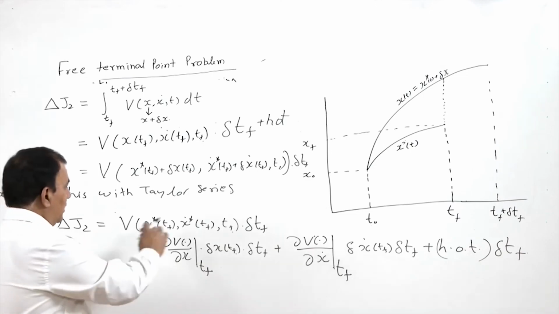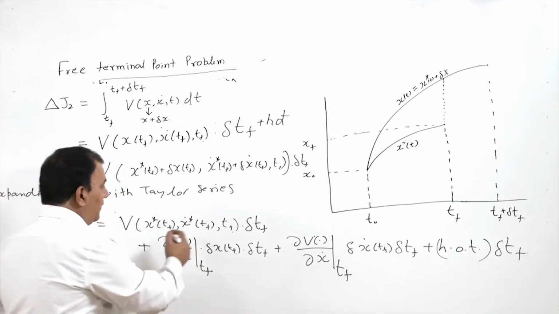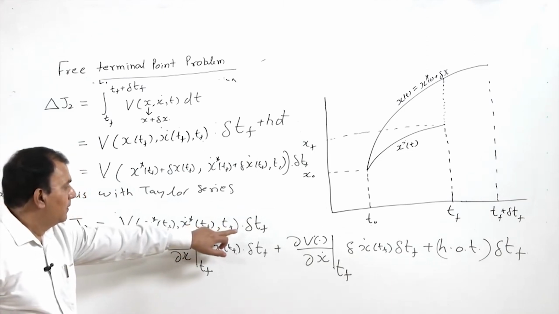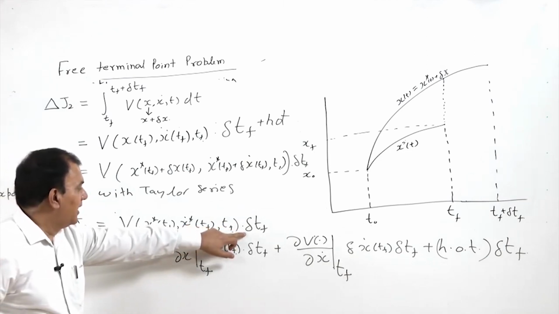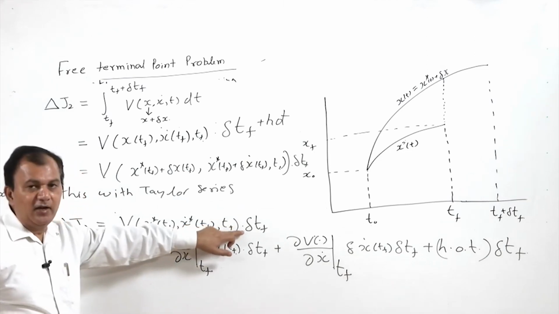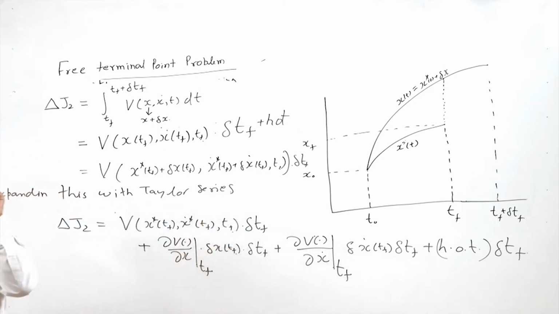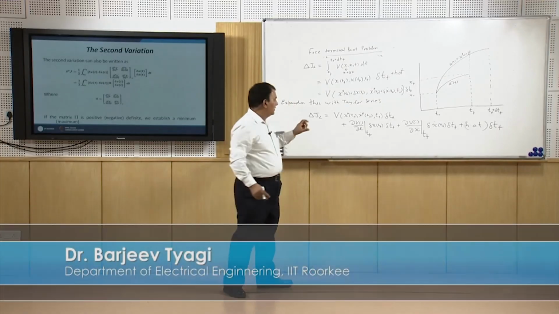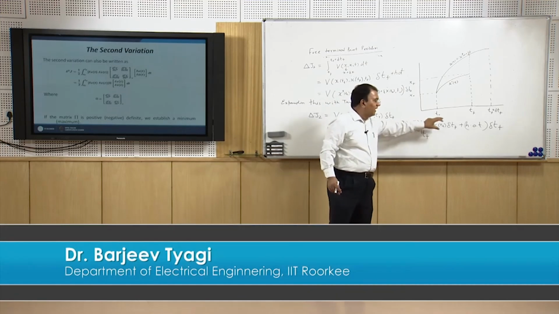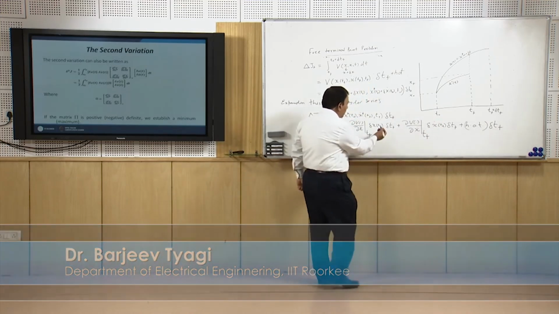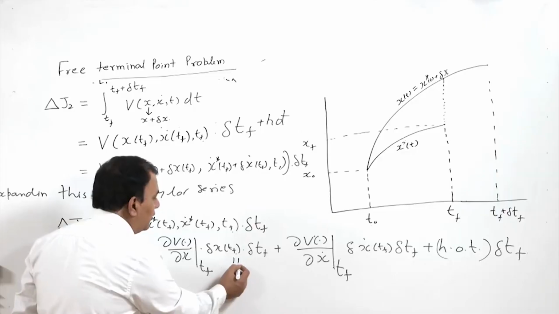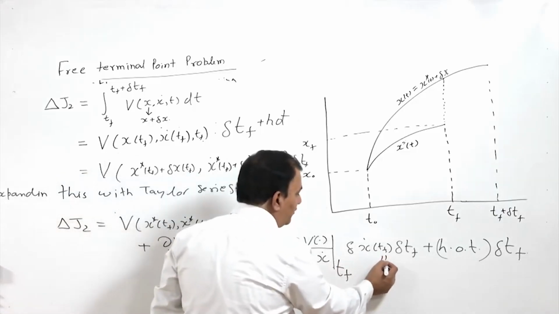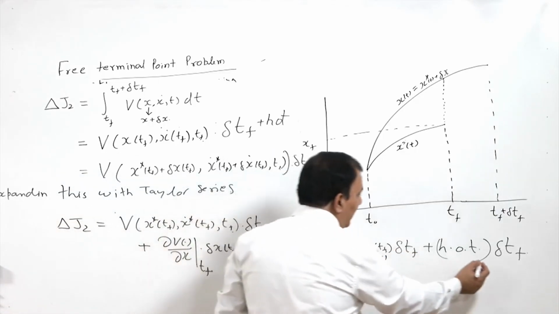So, if we look at this, V multiplied with delta Tf is the only first order term here. All other terms are second order and higher. So, these can be approximated to 0, or we can neglect these.